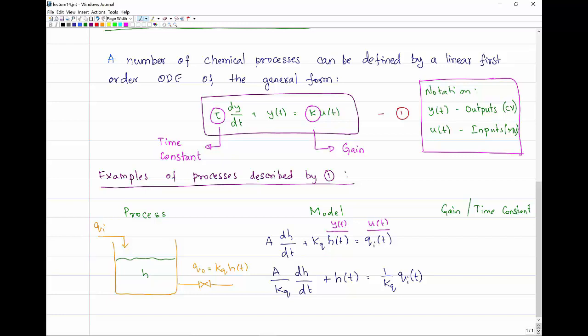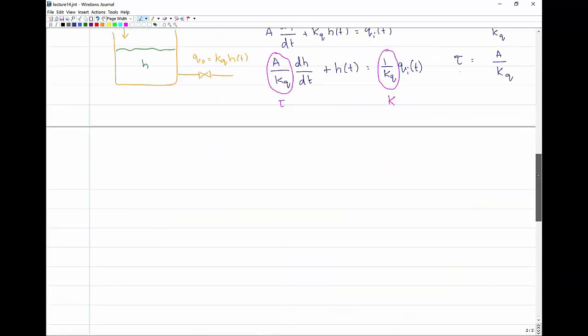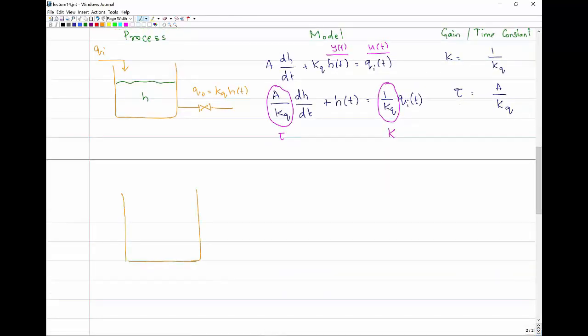H is the corresponding output, Qi is the corresponding input. Now the model as written initially is not in the standard form. However, if you divide that equation by KQ, you can rewrite the differential equation in the common generic form. Now in this particular case, the gain K is 1 over KQ, the time constant tau is A over KQ.